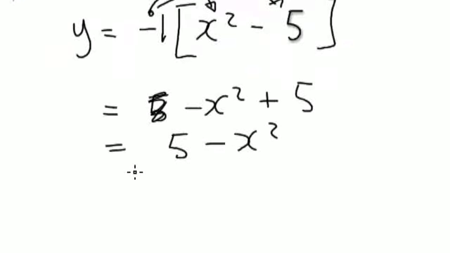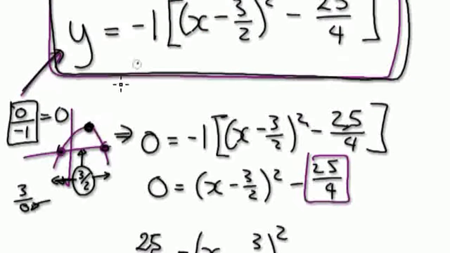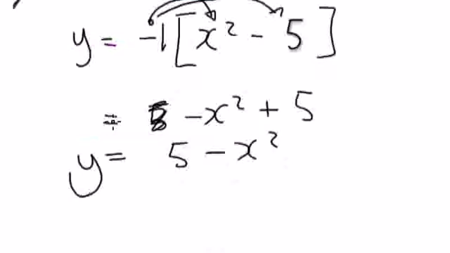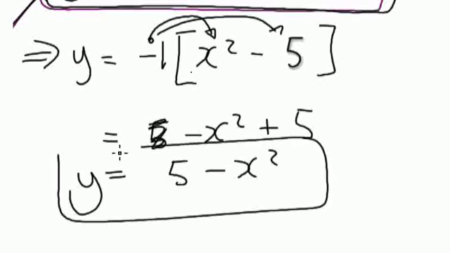Now, if you want to find out the highest point, remember our graph, because it's inverted, it's upside down. We don't want to find the lowest value of y, we want to find the highest value. I just gave you a random scenario here. If you have something simple like this, and you want to find the highest value that y could be, you really want to make this as low as possible.